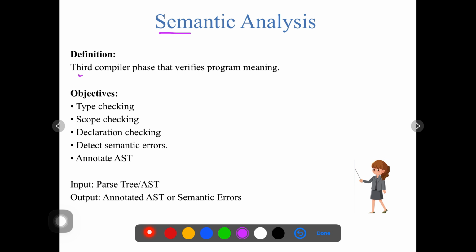The semantic analyzer performs type checking, scope checking, variable declaration checking, and function parameter checking, and annotates the AST. The input will always be the parse tree. The output will be the annotated AST or semantic errors. We'll go into the next slide.